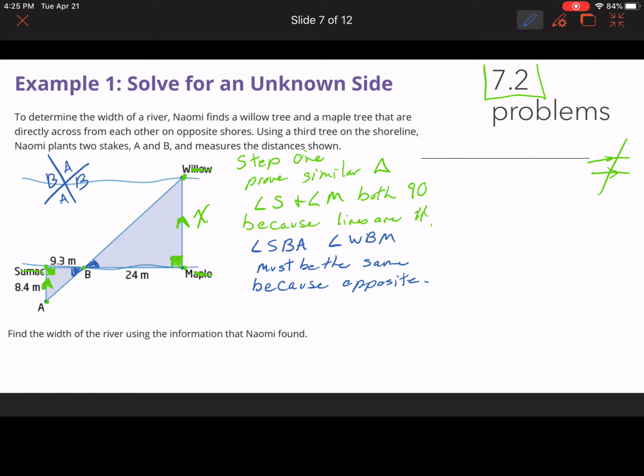So if we know two of them are the same, if we were to use 180 degrees minus 90 minus whatever B is, therefore angle A and angle W have to be the same.